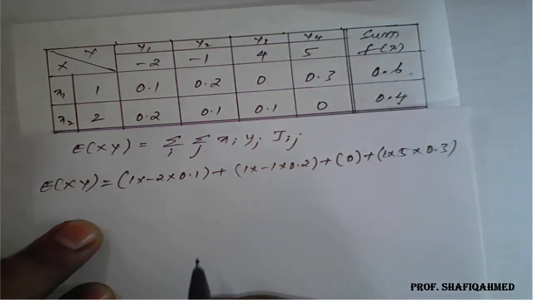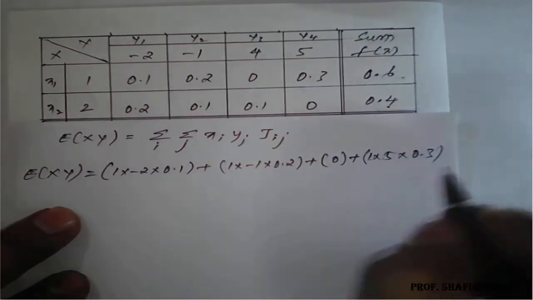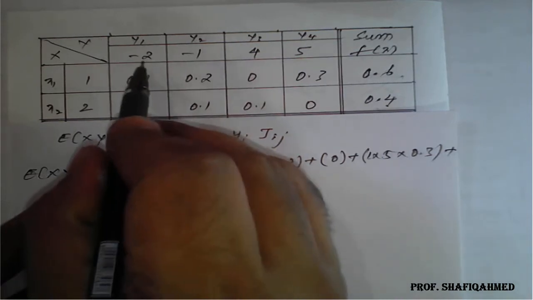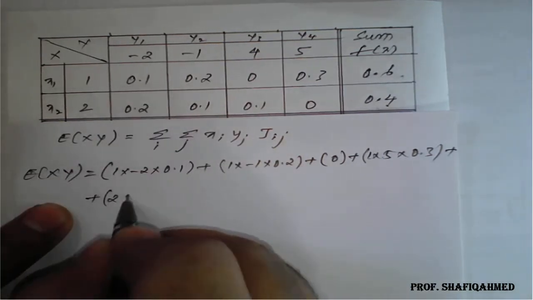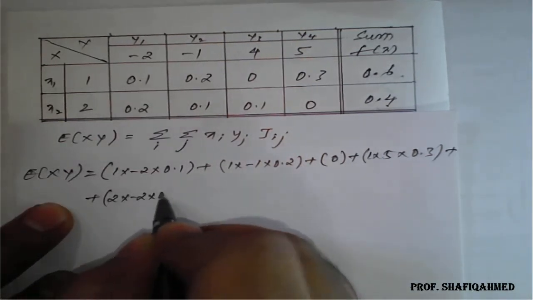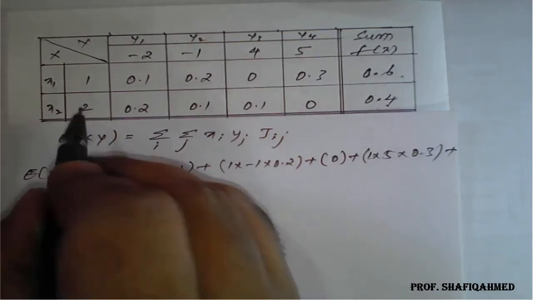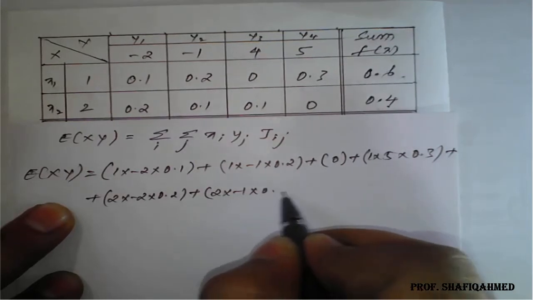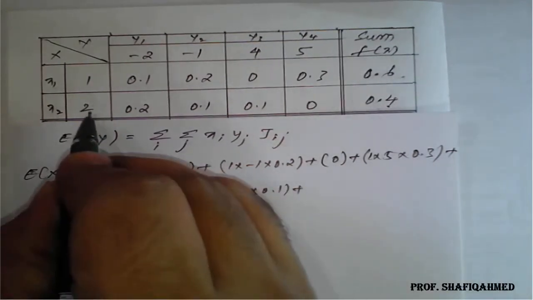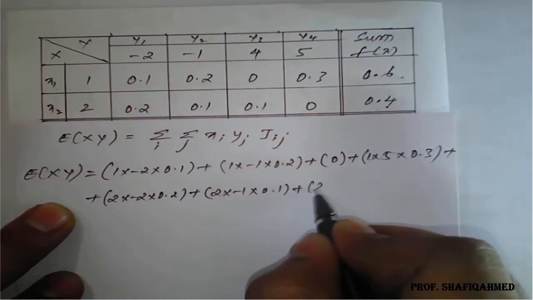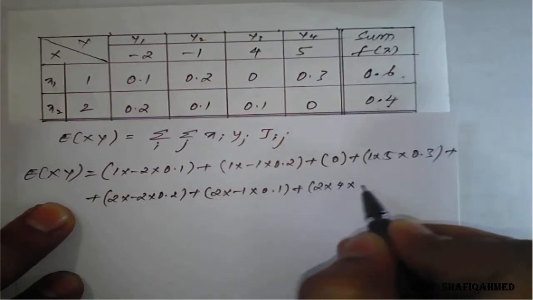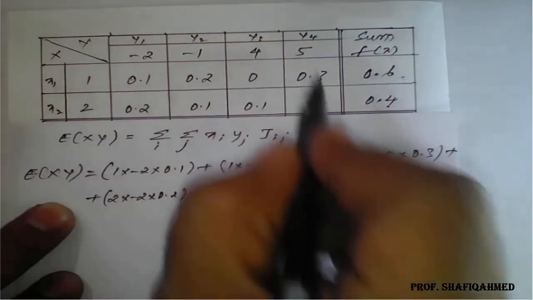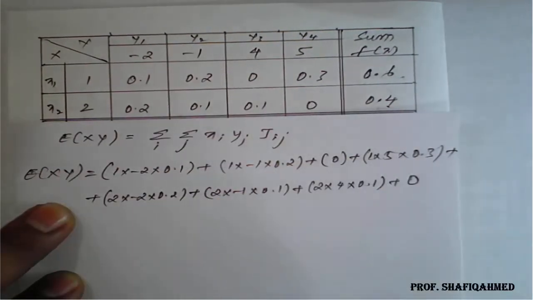So first row completed, plus second row will go now. So 2 into minus 2 into 0.2, plus 2 into minus 1 into 0.1, plus 2 into 4 into 0.1. So next is 2 into 5 into 0, so I'll write 0 directly.